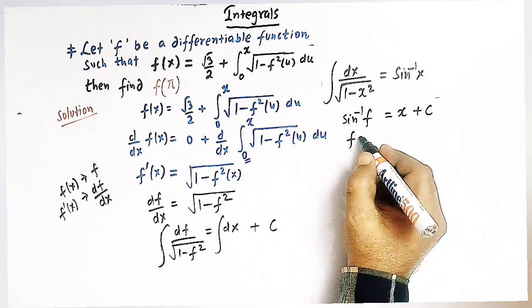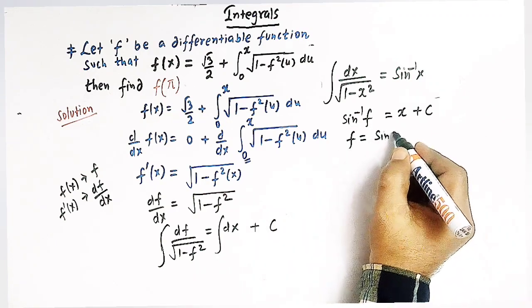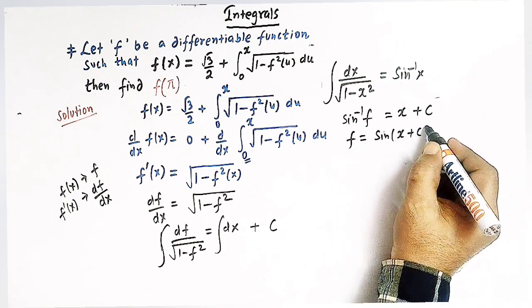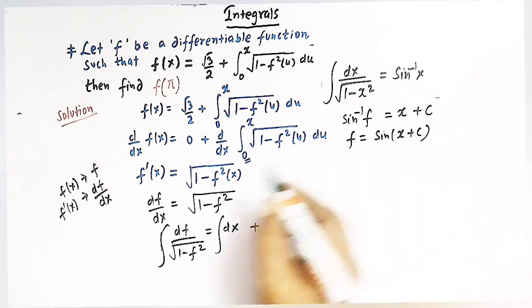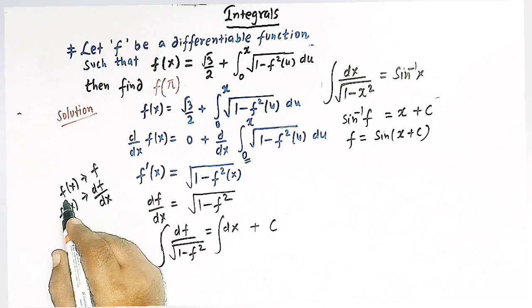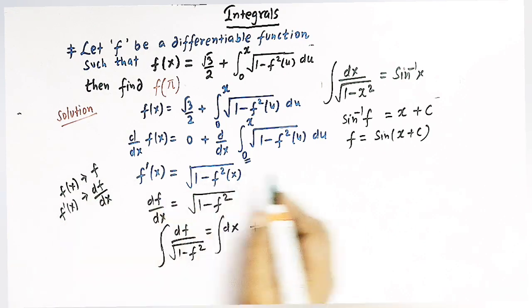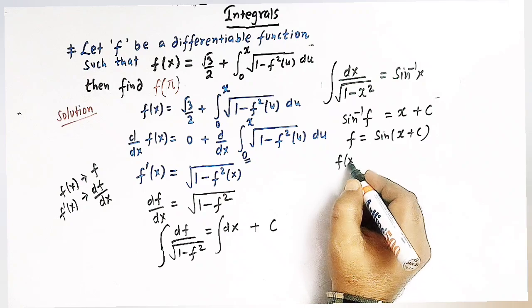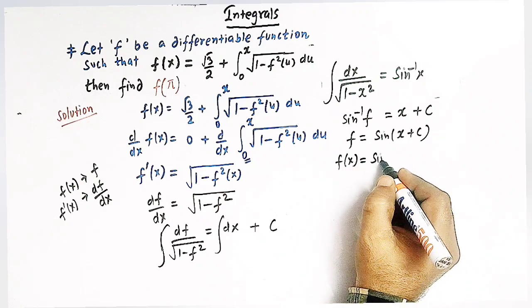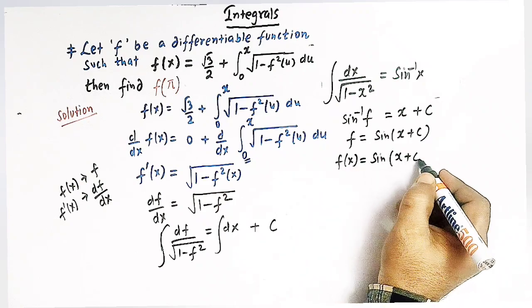So now we can write f is equal to sine of x plus c, right? So now again using the usual notation, we can write f of x is equal to sine of x plus c.